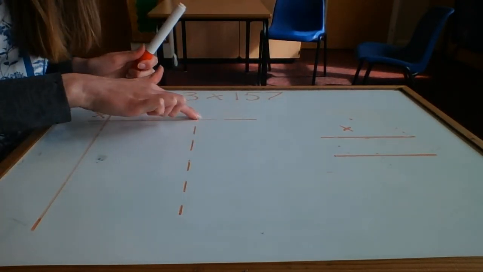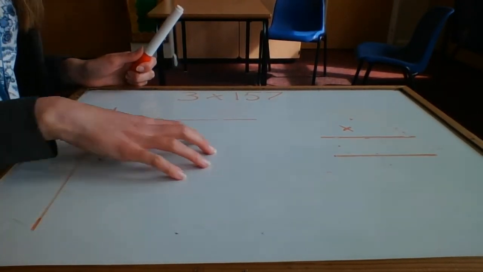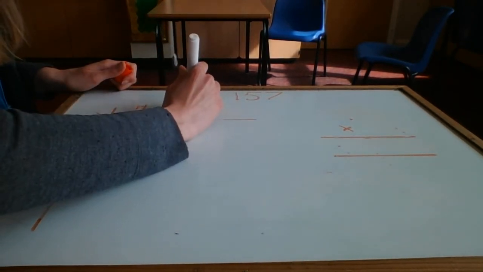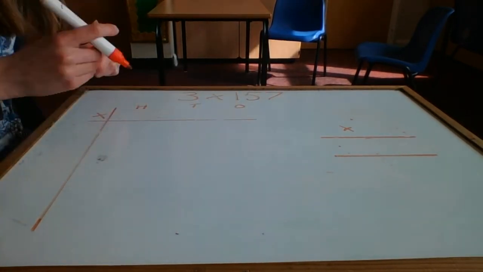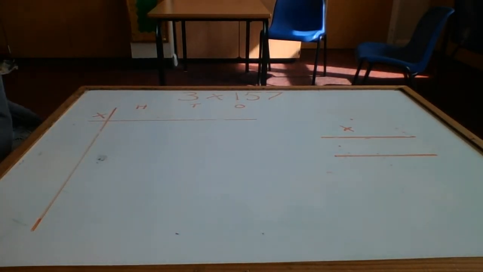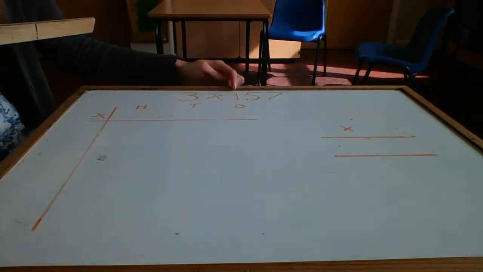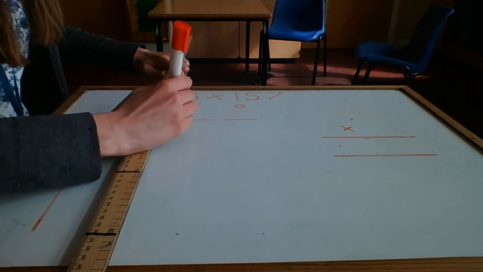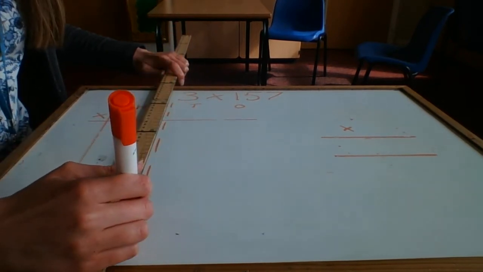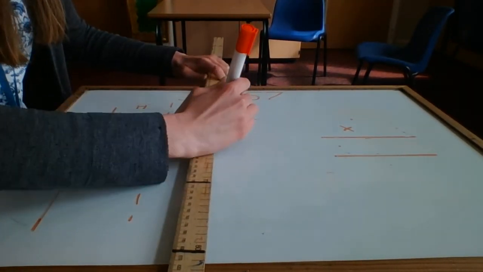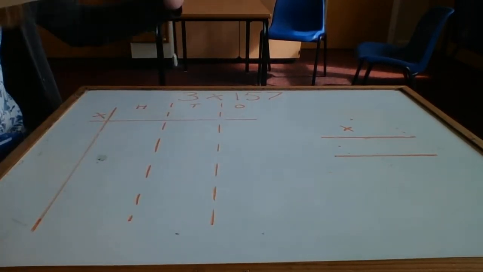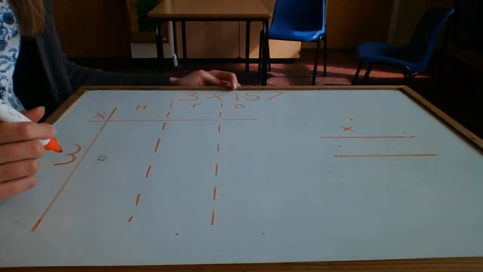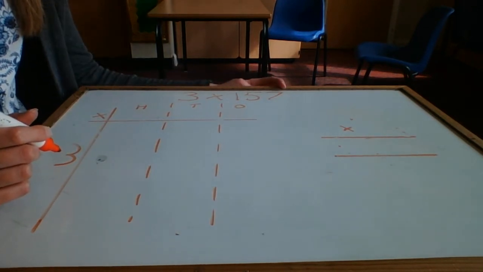The first thing I need to do is change my array slightly so that I have a hundreds, tens and ones column. I'm going to split it up in exactly the same way, but because I've got a 3-digit number, I need hundreds, tens and ones columns over here. So, same thing with the array. The 1-digit number goes here, and then we partition our larger number up.